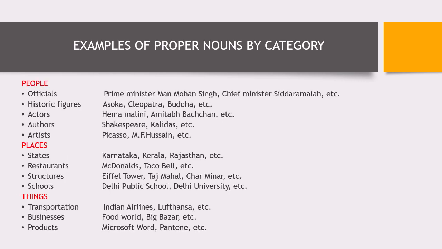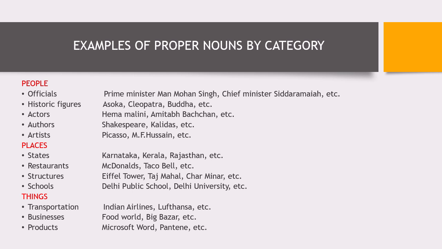Examples of proper nouns by category. People: officials: Prime Minister Manmohan Singh, Chief Minister Siddharamaiah; historic figures: Ashoka, Cleopatra, Buddha; actors: Hema Malini, Amitabh Bachchan; authors: Shakespeare, Kalidas; artists: Picasso, M. F. Hussain.